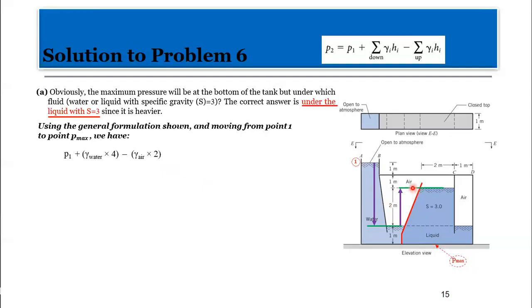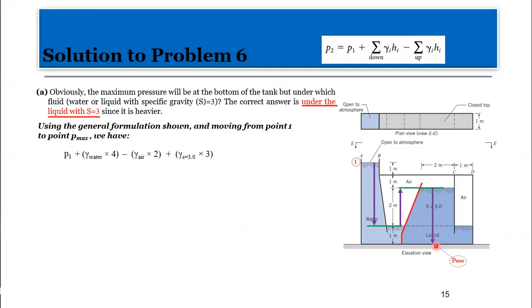And remember, this part and that part will go off. So we are now here moving down to the last point. So plus gamma of the fluid with specific gravity 3 times 3, because from here to here is 2, from here to here is 1. So 3. So this will now be that.